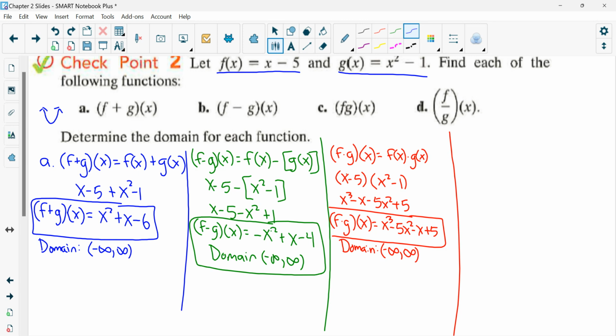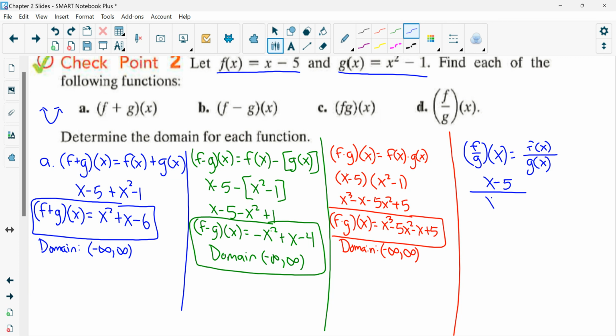And then last, we're going to do f divided by g of x. So remember, that means we're going to take the f of x function divided by the g of x function. So f of x is x minus 5.